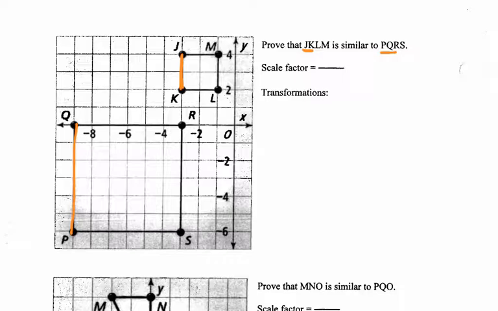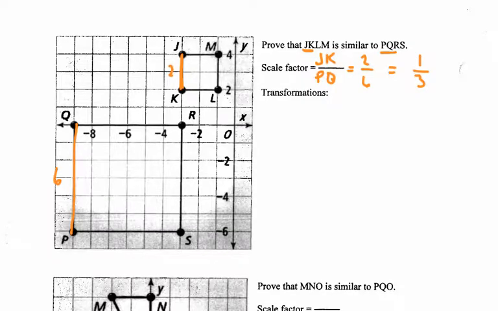So JK is 2 units long, and PQ is 6 units long. So it's JK divided by PQ. So that's 2 over 6, which is equivalent to 1/3. So the scale factor is 1/3.